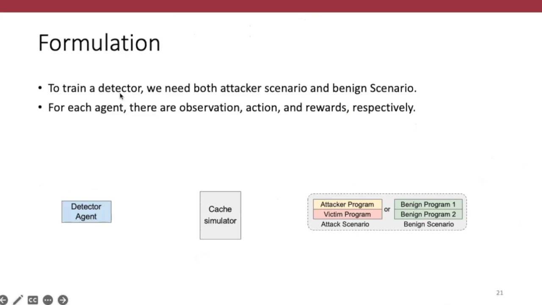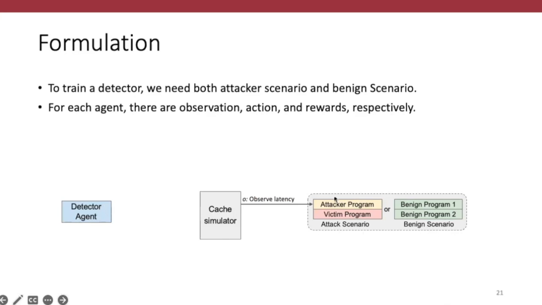In terms of formulation, the goal here is to train a detector. The detector needs to detect an attack scenario, but we also want the detector to handle benign cases. So in such a formulation, we have the attack scenario and the benign scenario. For the attack scenario, we hope the detector can detect the attack. For the benign scenario, we hope the detector does nothing.